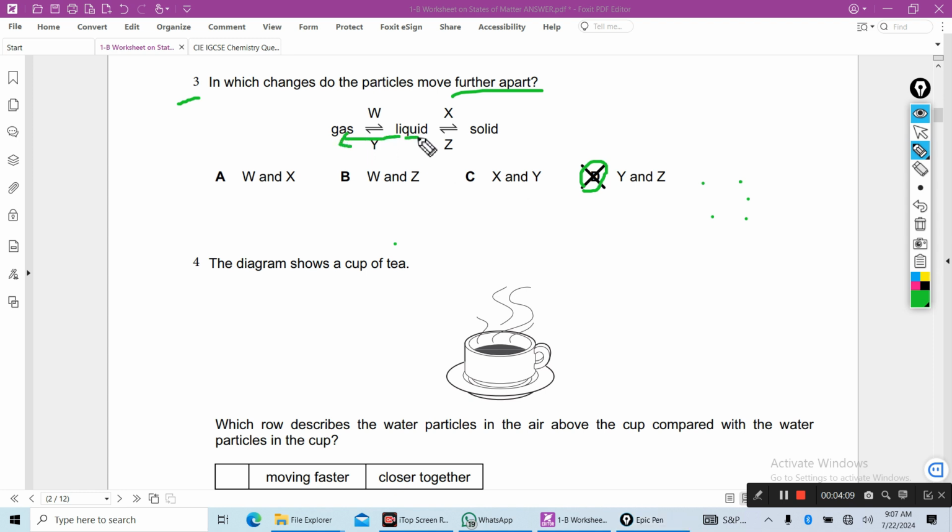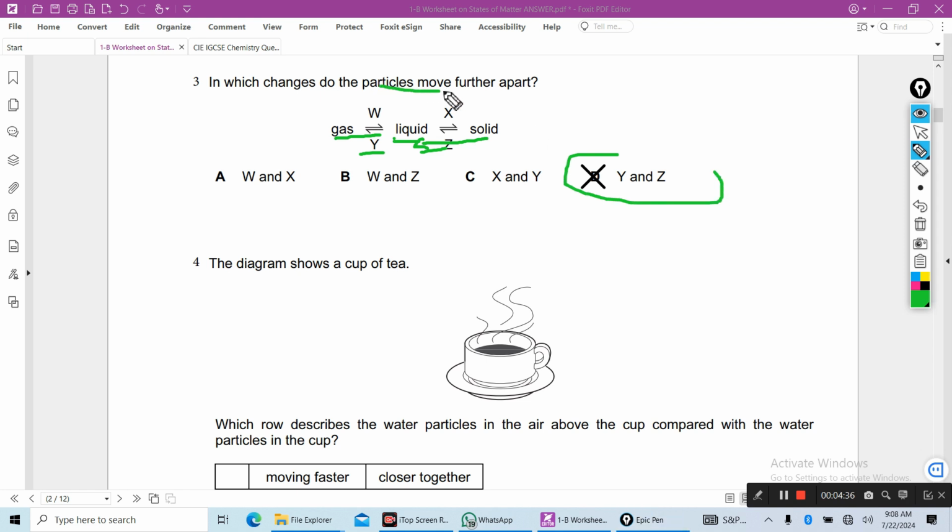And also Z. Why Z? Z is solid to liquid. Solid particles are closely packed, in liquid they are a short distance apart. So solid to liquid and liquid to gas, I mean Y and Z, the particles move further apart.